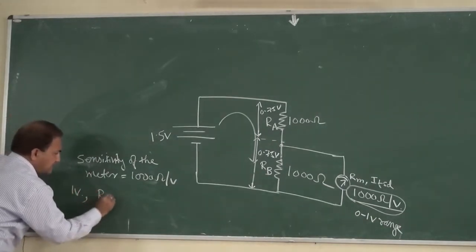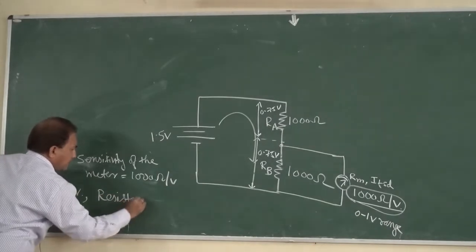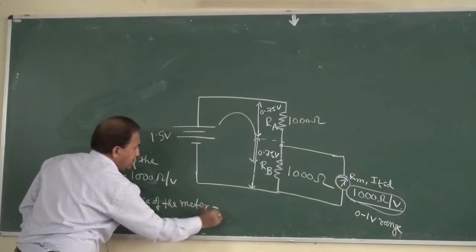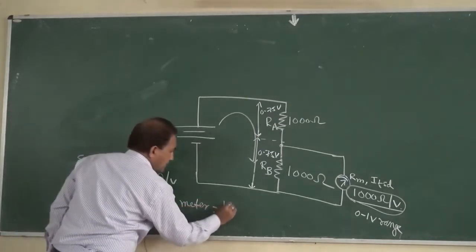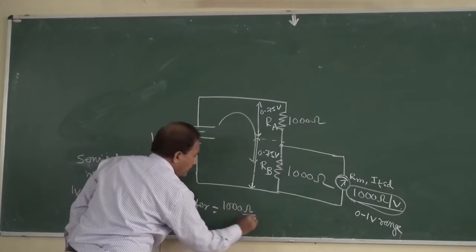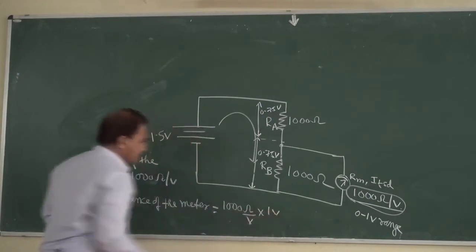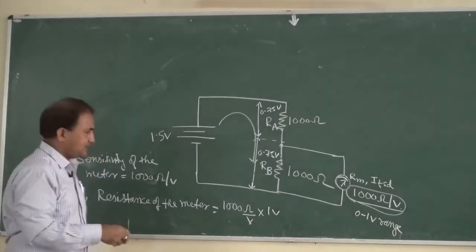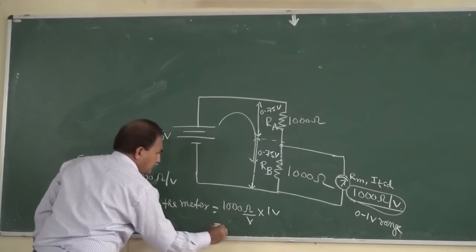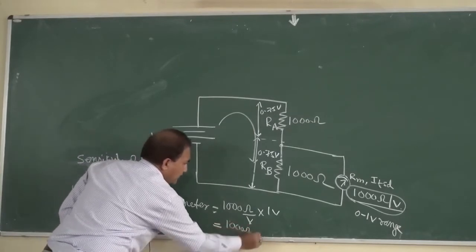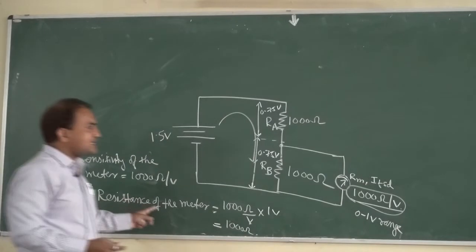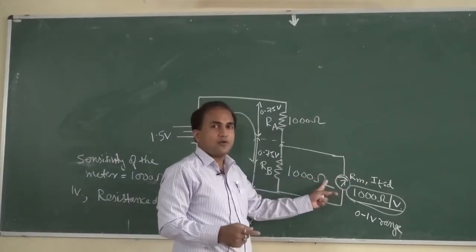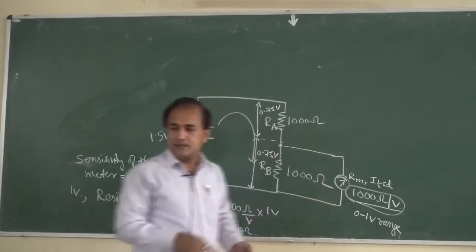So the total resistance of the meter is equal to 1000 ohm per volt into 1 volt, since the multimeter is set at the 1 volt range. So it is equal to 1000 ohm. The resistance of this meter is 1000 ohm at the 1 volt range.